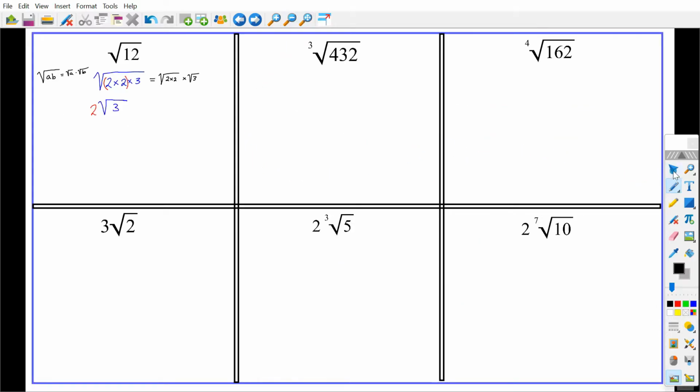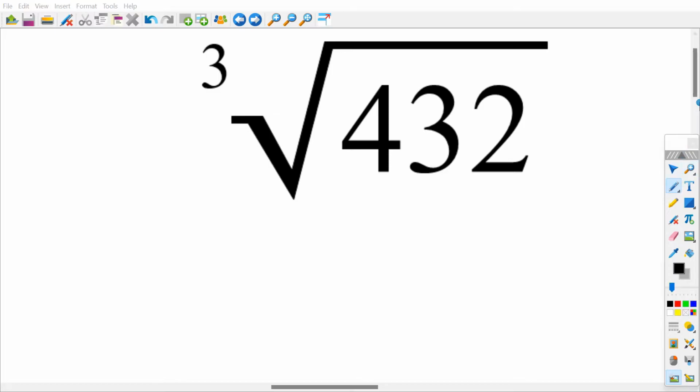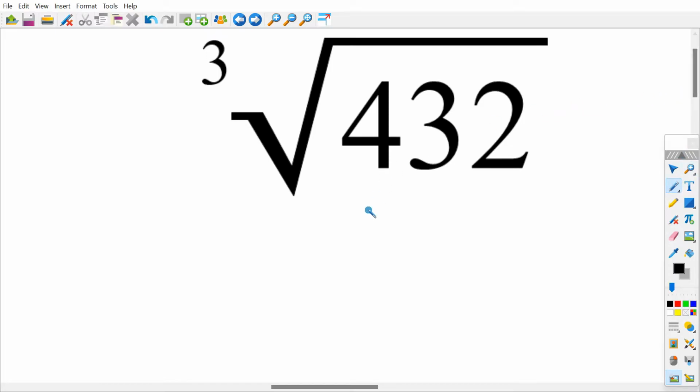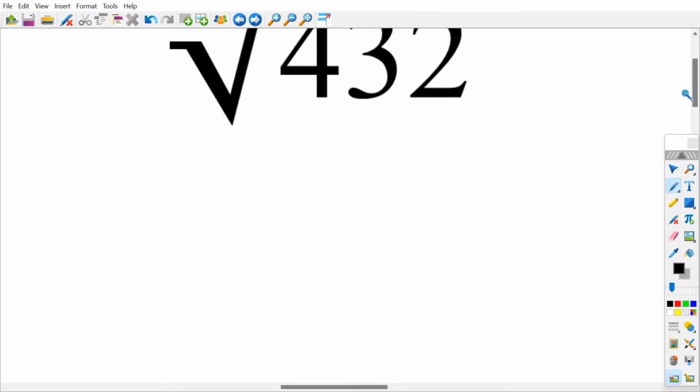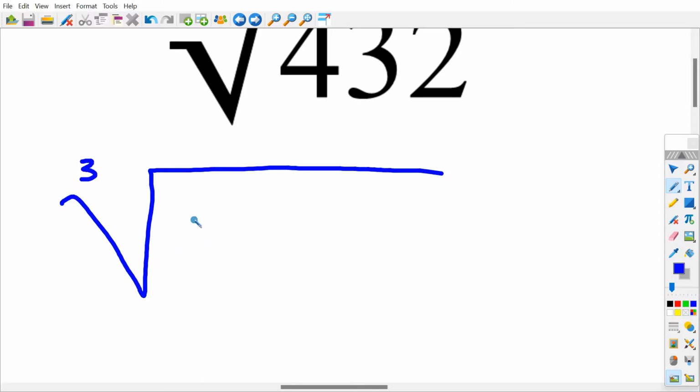So we'll do another one. The same idea. We're going to, this time, work with cube roots. So 432 looks like it's getting to be a bit large, but we chose this number on purpose. If you were to write 432 as a product of its prime factors, it's going to be the cube root of 2 times 2 times 2, which is the same as saying 8.